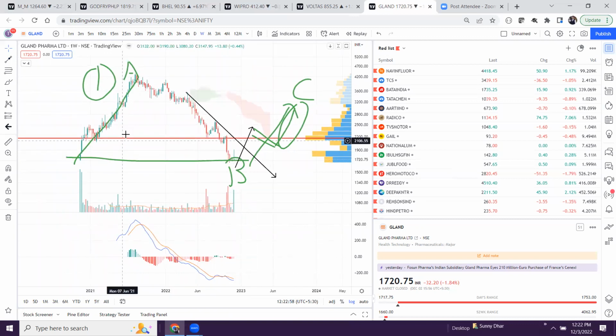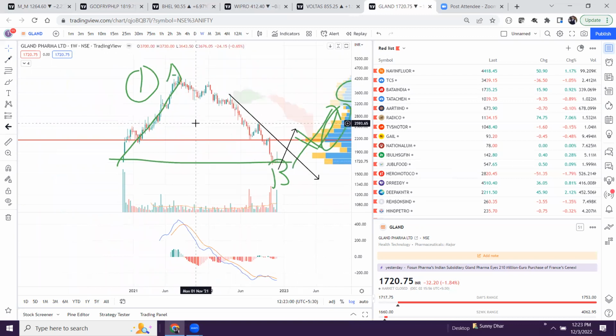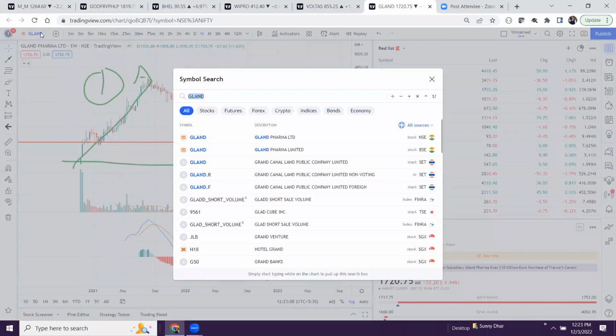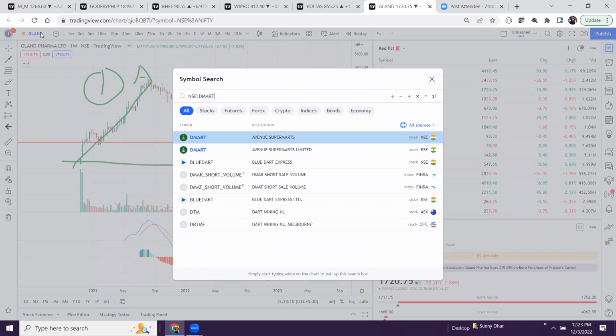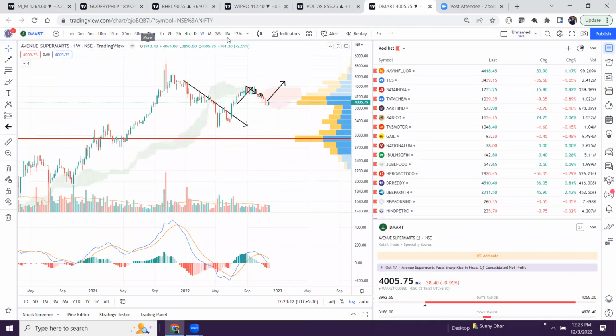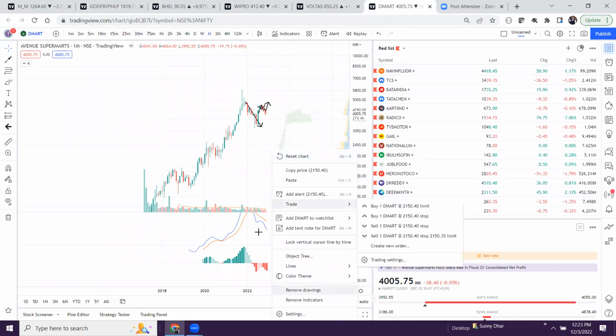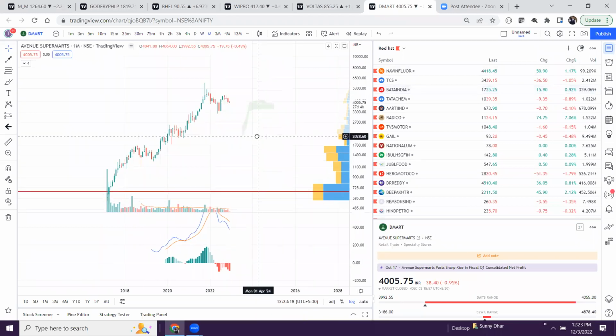So is this clear? Can you look at DMAT and Titan? Because I think after the impulse wave, they are in a consolidation phase. Yes.